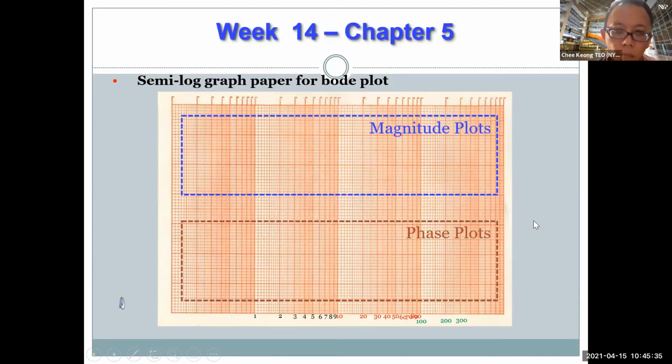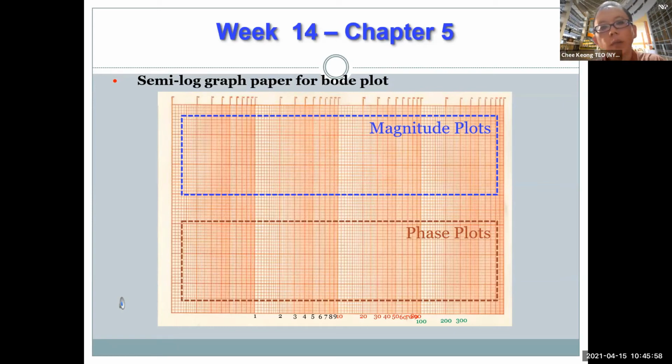Please note that the magnitude and the phase plot have to be both aligned on the same X scale. Note also that the magnitude plot needs to be on the top half of the paper, whereas the phase plot is on the lower half of the paper. Now, the magnitude and phase plot have to be plotted concurrently using the same scale. Why?